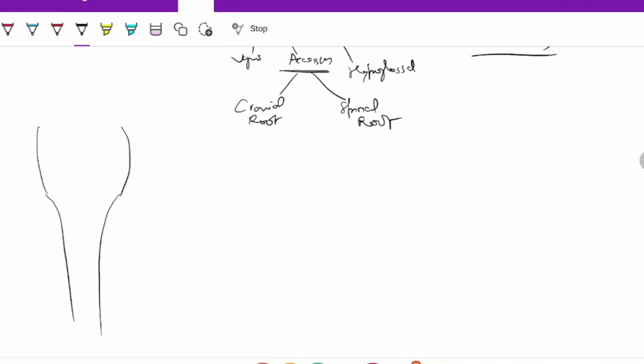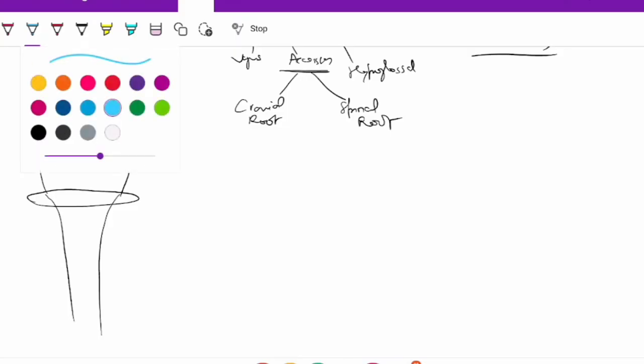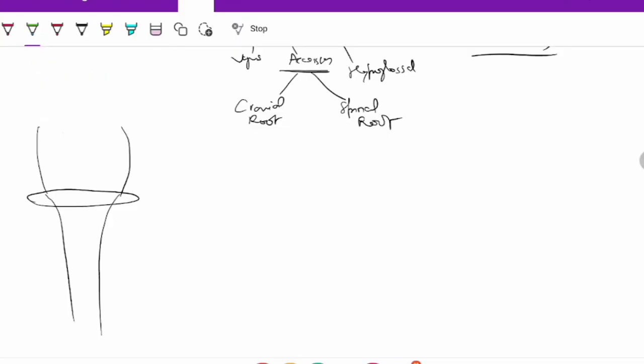And this is your spinal cord going down. The lower part of the medulla extends a little beyond the foramen magnum. Then there is the nucleus ambiguus, which we have just seen. We know nucleus ambiguus gives origin to three cranial nerves, that is 9, 10 and 11.